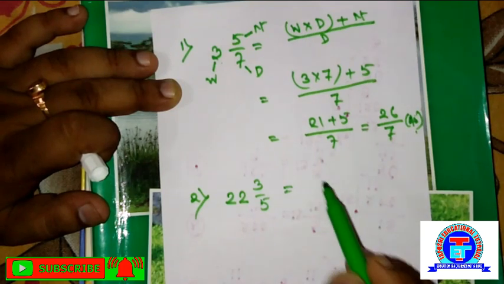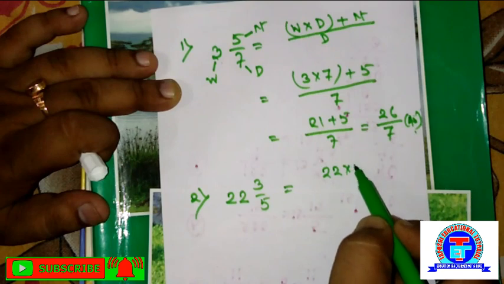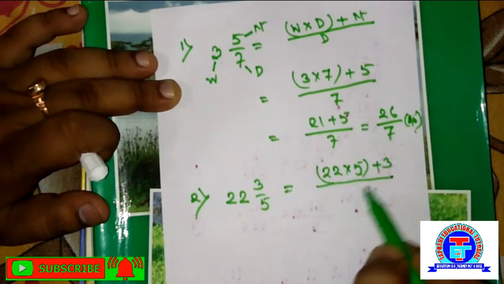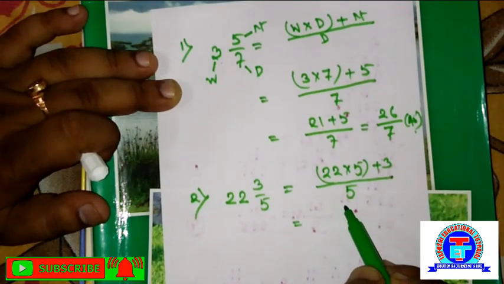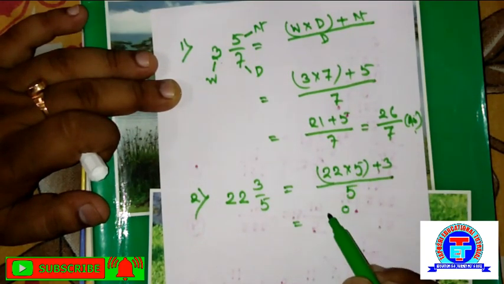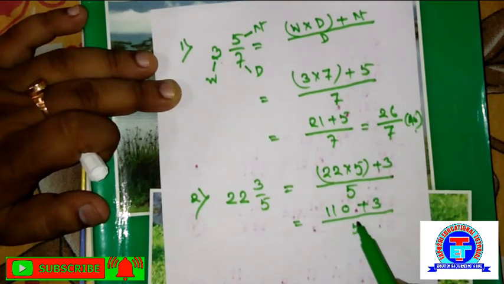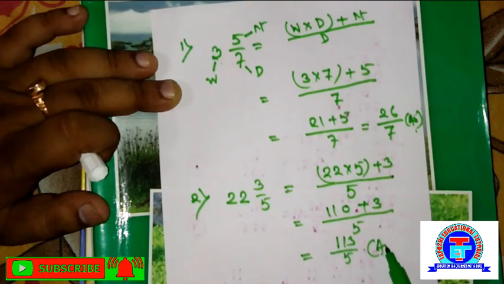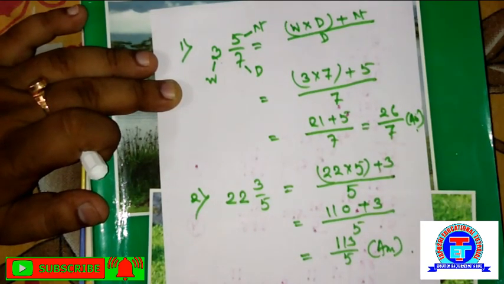Now this is the easy way that we solve this problem. Here we write 22 into 5 plus 3 by 5. Now it will become 110 plus 3 by 5. That means it will become 113 by 5. This is the answer, right student? I hope you clearly understand.